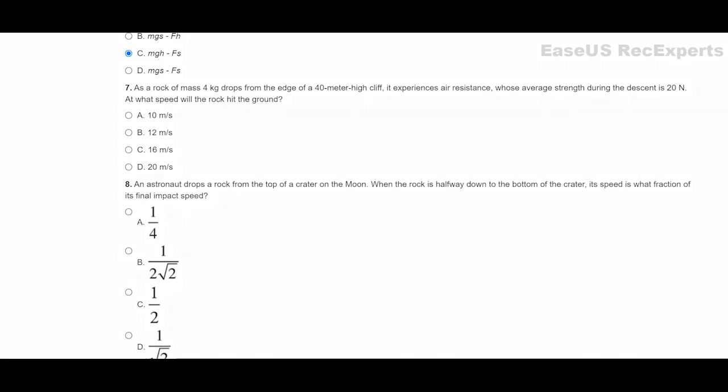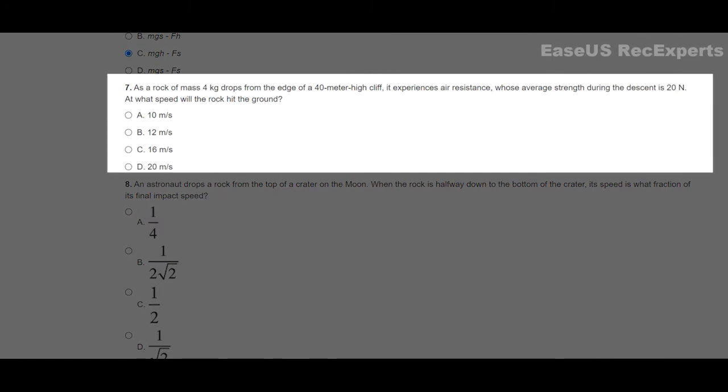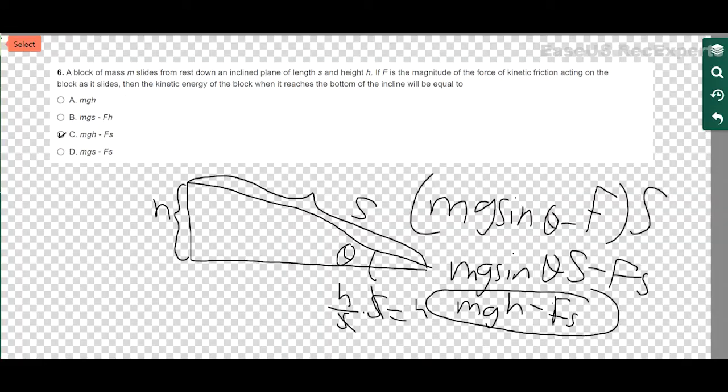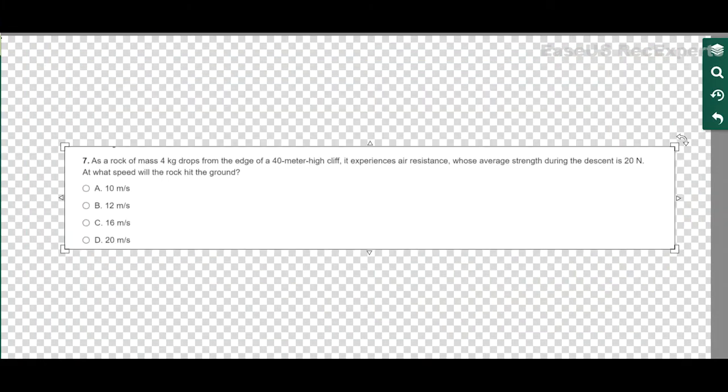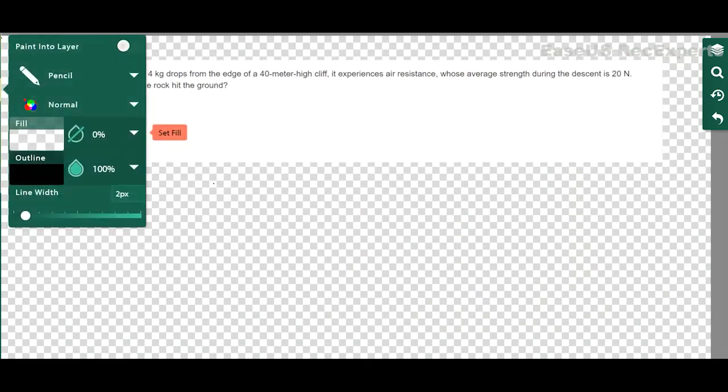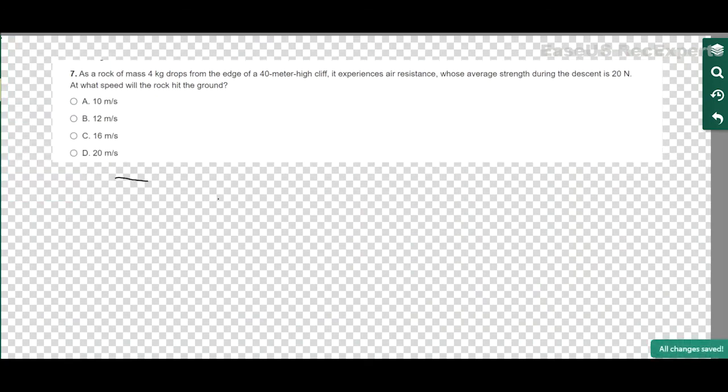Alright, now a rock of mass 4 kilograms drops off the edge of a 40-meter high cliff. As the rock drops off this cliff, it experiences air resistance, whose average strength during the descent is 20 newtons. At what speed will the rock hit the ground? So the average strength during the descent is 20 newtons.